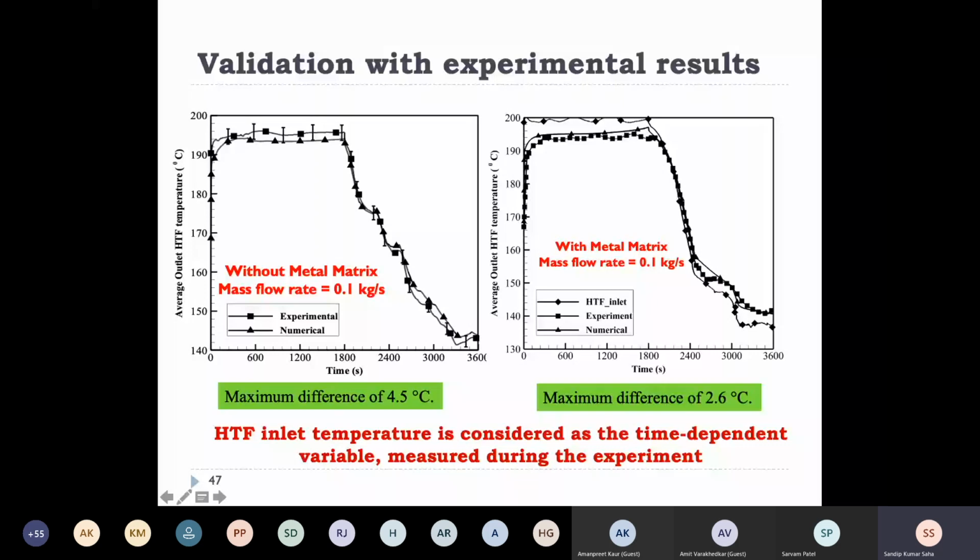Why is the difference lower for metal matrix? Because if you introduce metal matrix, you are suppressing the melt convection, so it is more conduction dominant. As these models are conduction-dominated models, that's why it is giving good accuracy for this case.